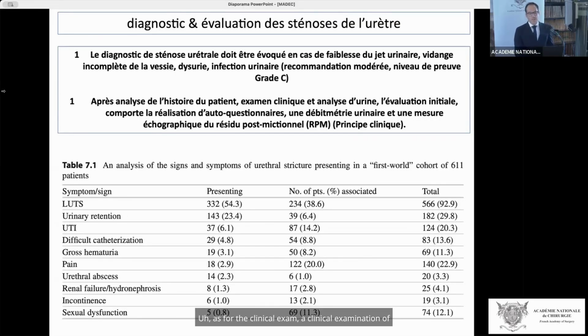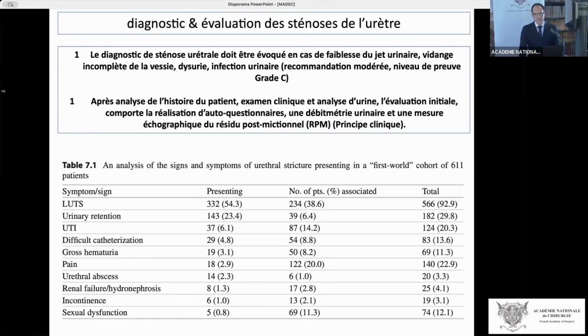As for the clinical exam, clinical examination of the genitals must always be performed, specifically to look for lichen. We don't have a specific PROM questionnaire at the present time, although there are validated questionnaires in English that are being used, and of course we use uroflowmetry and post-void residual to evaluate the severity of the symptoms.